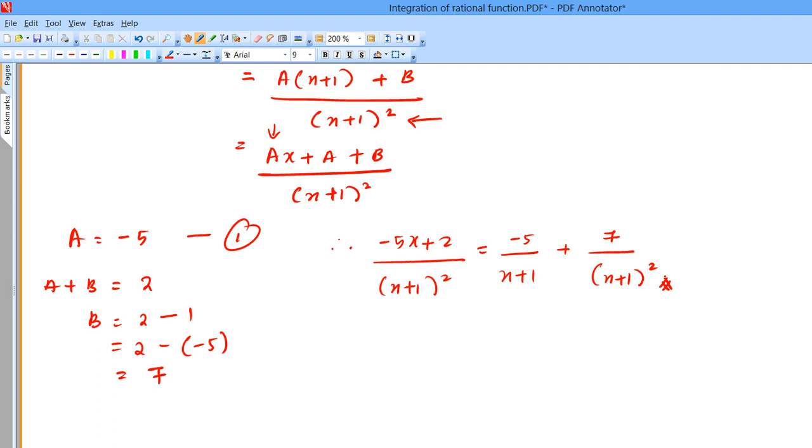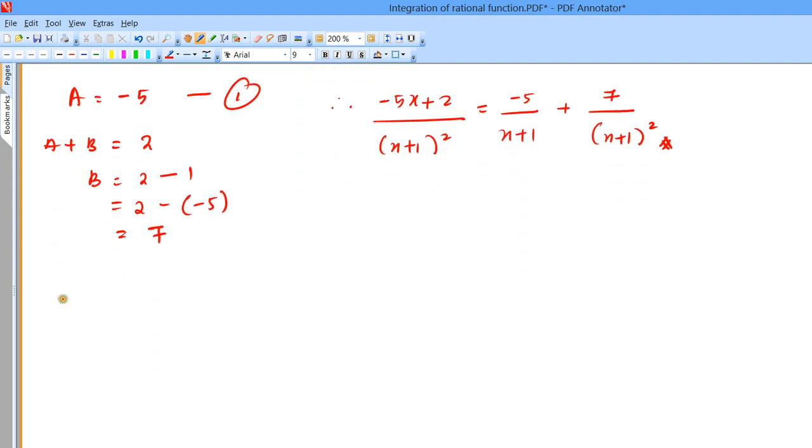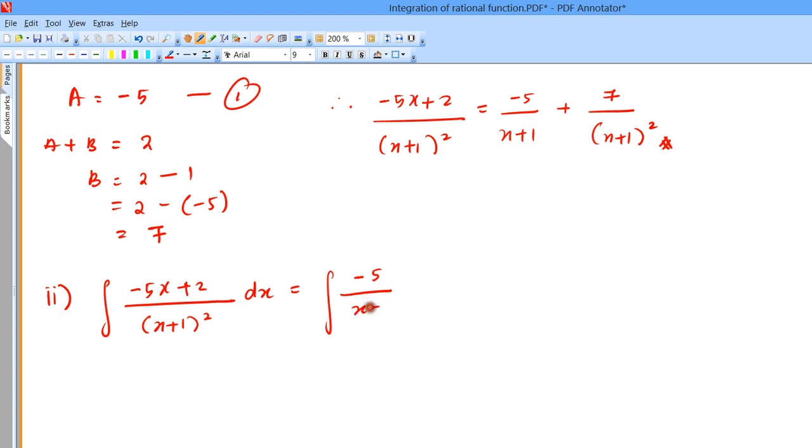For 2 Roman, we need to solve this function. So integrate negative 5x plus 2 over x plus 1 square dx equal to integrate negative 5 over x plus 1 dx plus integrate 7 over x plus 1 square dx.